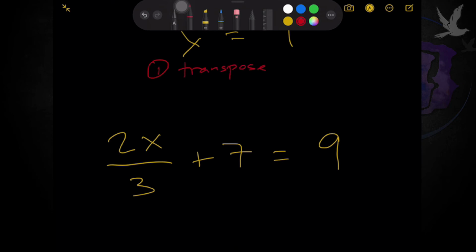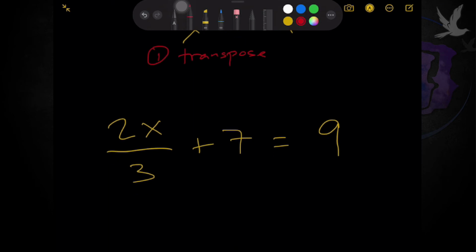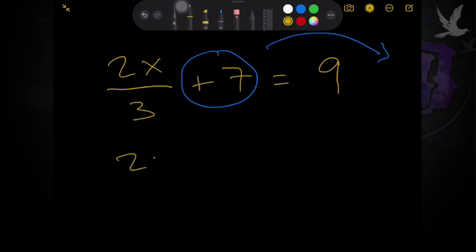Okay, if all three elements are present, all you need to do first is to transpose. So, ano yung dito transpose natin? Of course, yung positive 7 to the other side of the equation. Rewriting this will now give you 2x over 3 equals 9 and 7. Ngayon, Teacher Mark, what's the sign? Of course, that's why I don't write the sign muna kasi para mapag-isipan nyo.